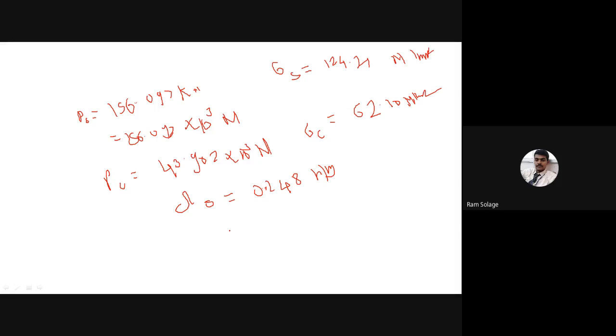Last problem. Compressive force of 120 kilonewton, full stop.